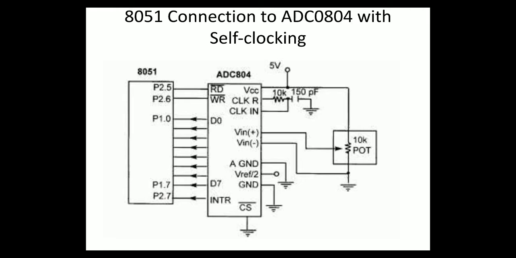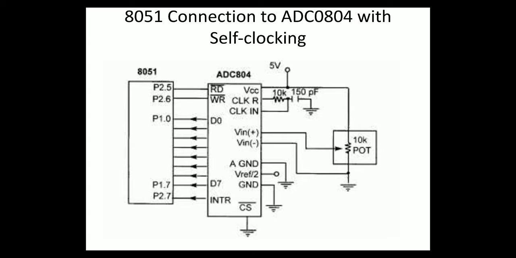The first one to understand is the self-clocking method used for ADC. As we have seen in the previous video lecture series, the two important pins, clock R and clock in, have been connected to a 10k ohm resistor and a 150 picofarad capacitor, which gives a time constant function of 110 microseconds.